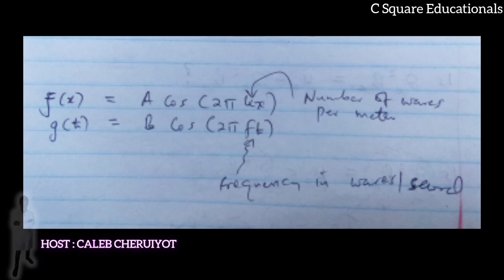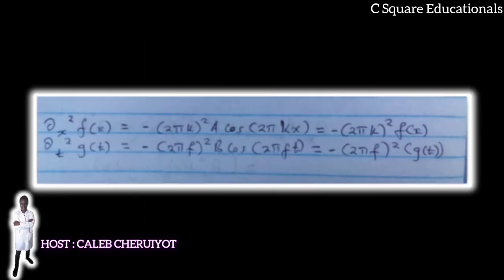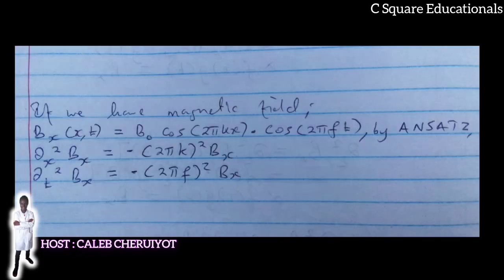Now calculating the derivatives of our two functions, we have partial x squared f(x) and partial t squared g(t) as shown. And so if our magnetic field is expressed as Bx(x,t) as shown, provided by our ansatz, then we have partial x squared Bx and partial t squared Bx as shown.